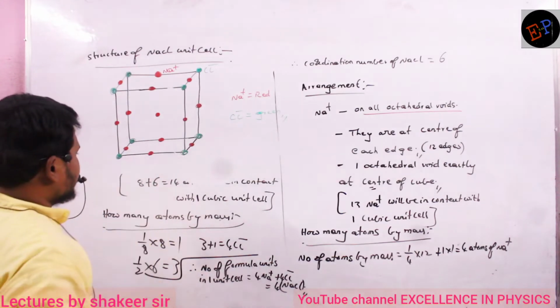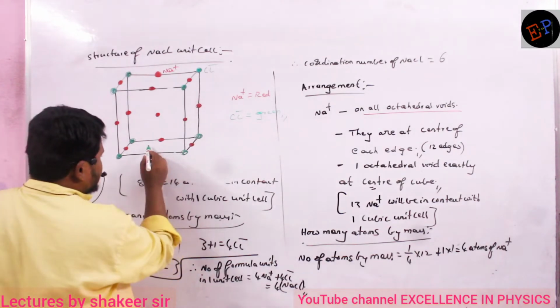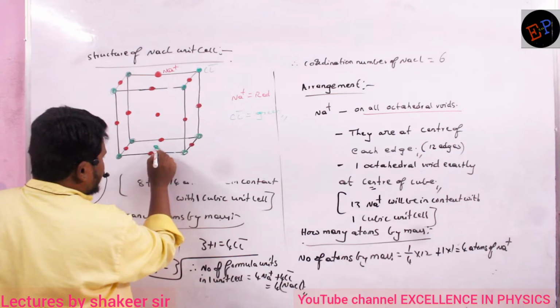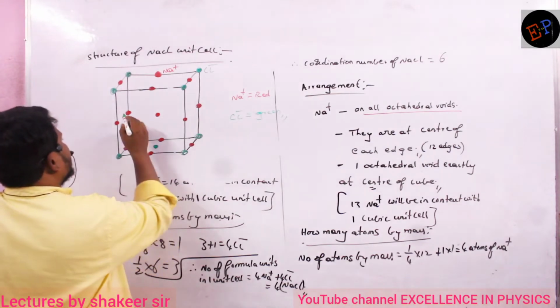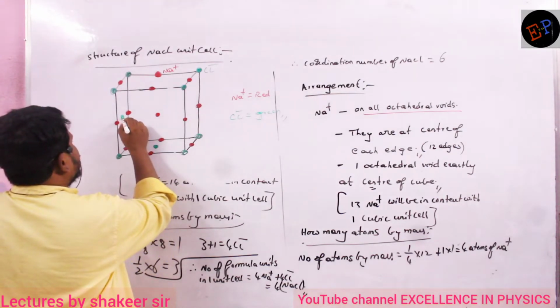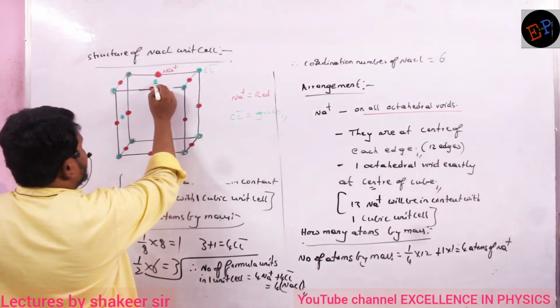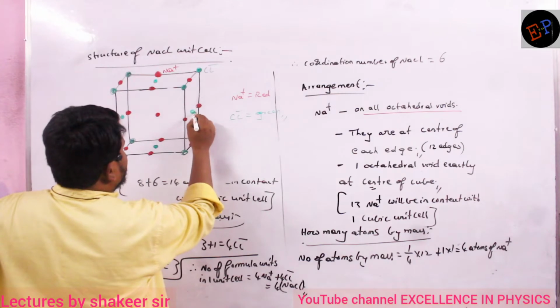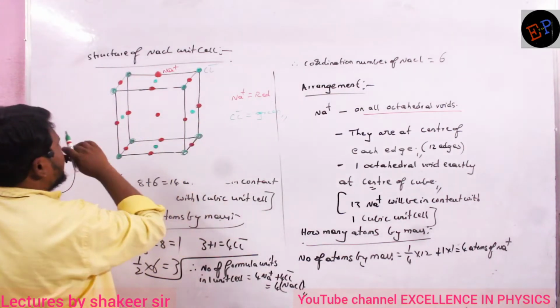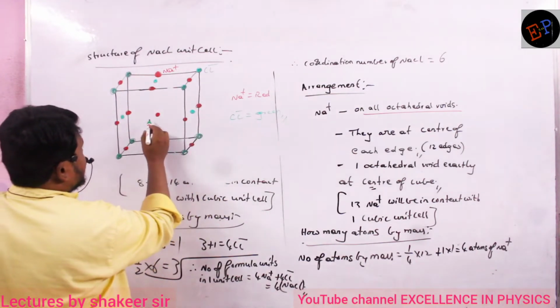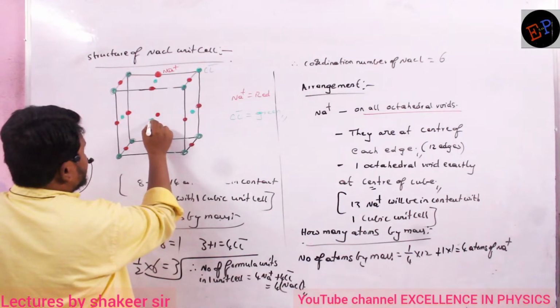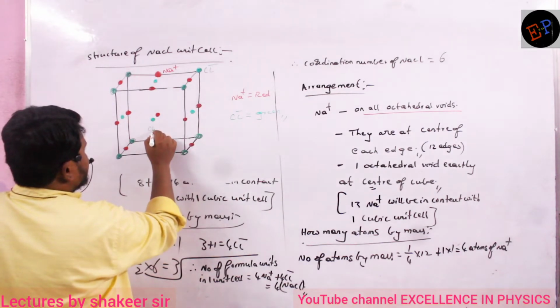And exactly at the center of the face also. So this is one face, so here there will be one atom. And here there will be one atom. And here there will be one atom. And here there will be one atom. And to this upper face, what is the center of upper face? Somewhere here. So here there will be one Cl minus.